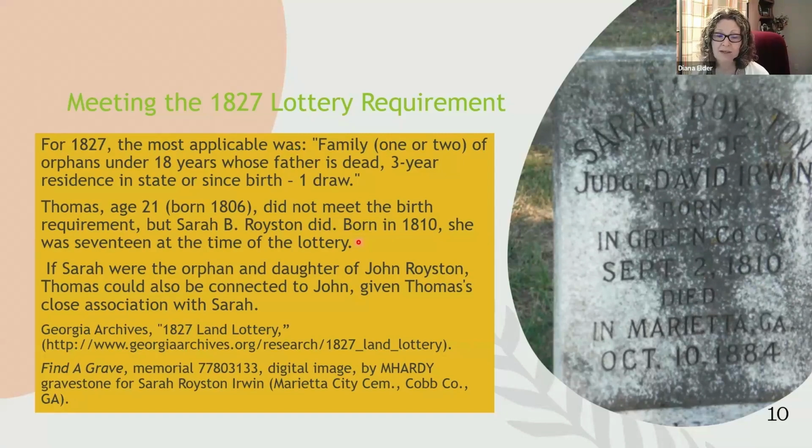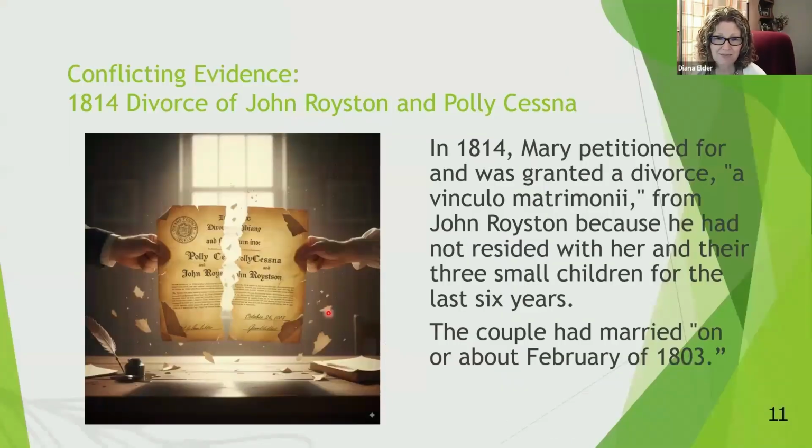Now, if she were the orphan and daughter of John, Thomas, in connecting to her through that indenture that we saw, does give us a piece of evidence that perhaps he is also the son of John Royston, if these are siblings. Now, we do have some conflicting evidence because John Royston was married to Polly Cessna.